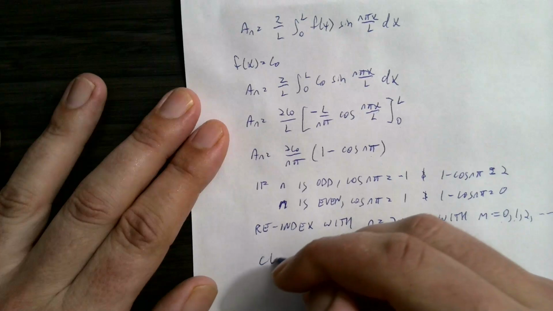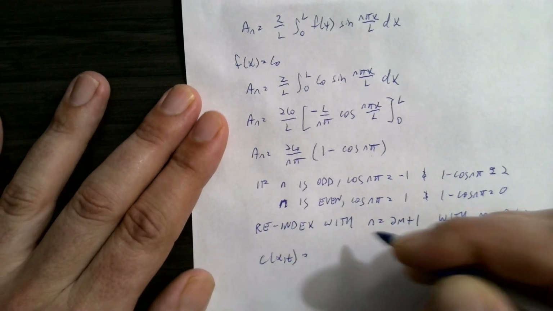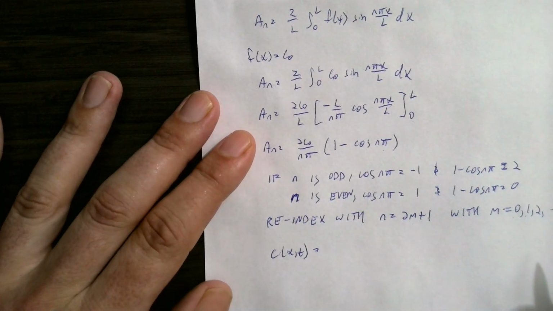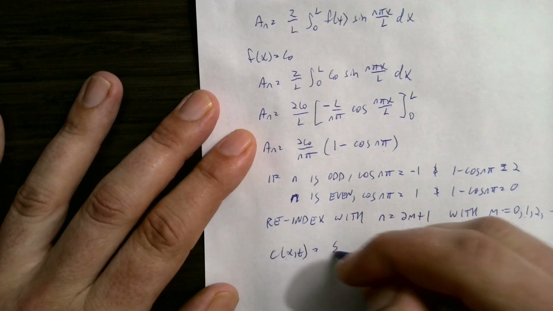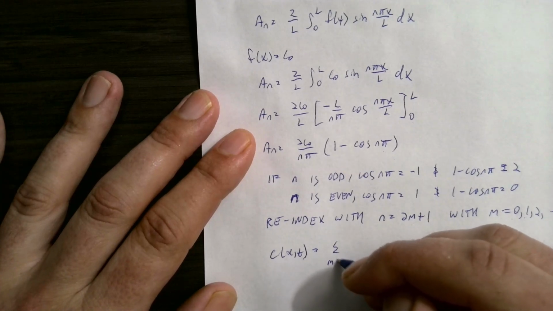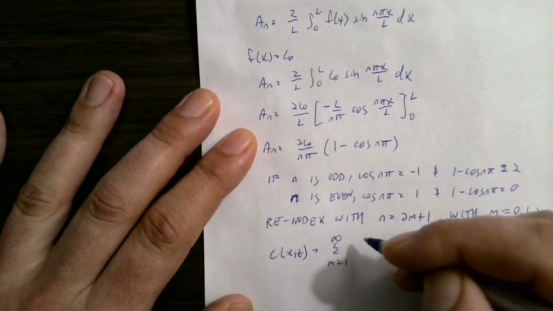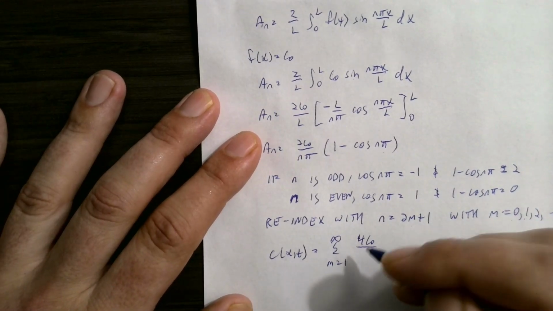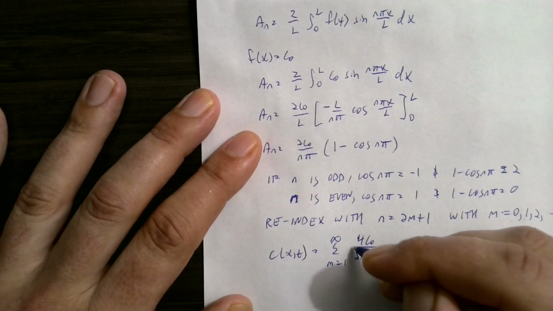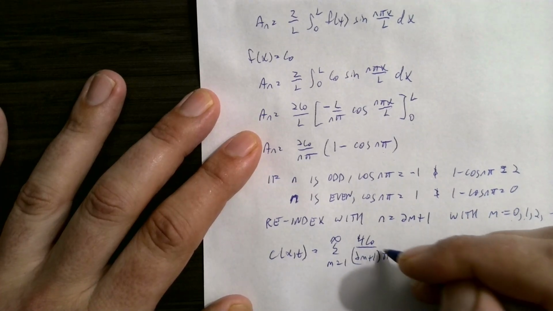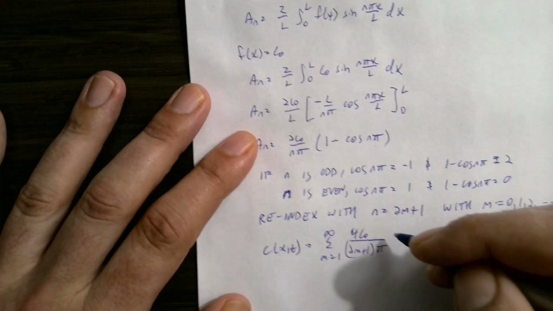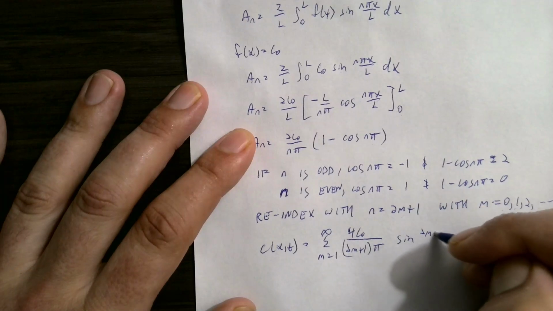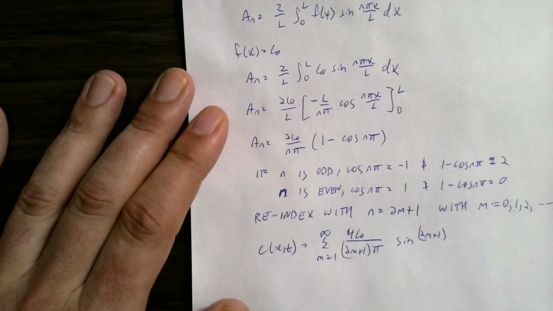So c of x,t then has to be equal to the summation from m is 1 to infinity of 4c0 over 2m plus 1 times pi, and then times sine of 2m plus 1.